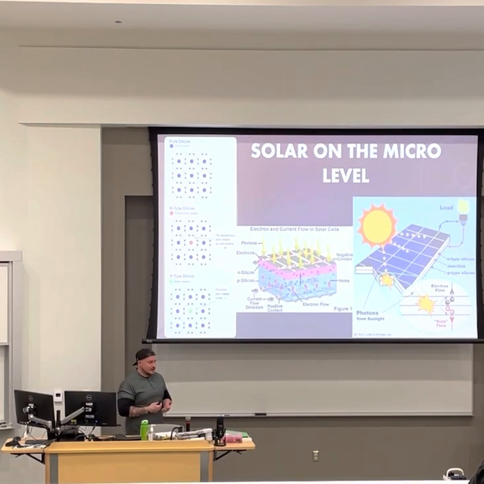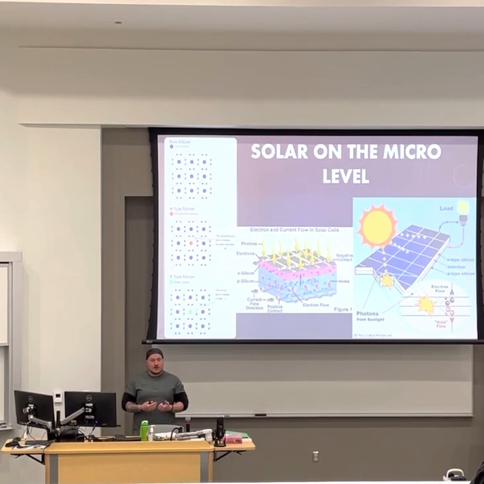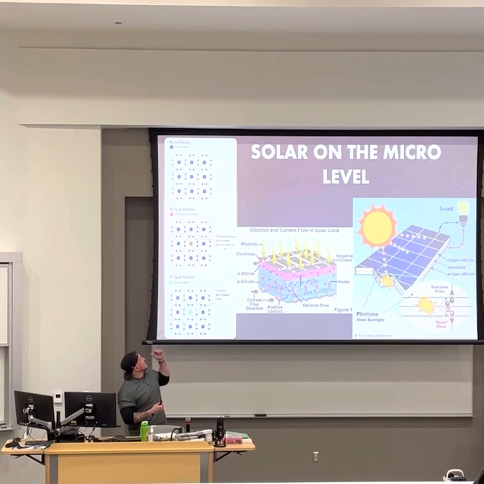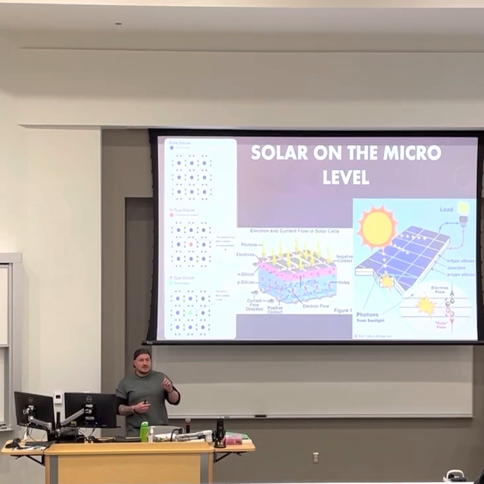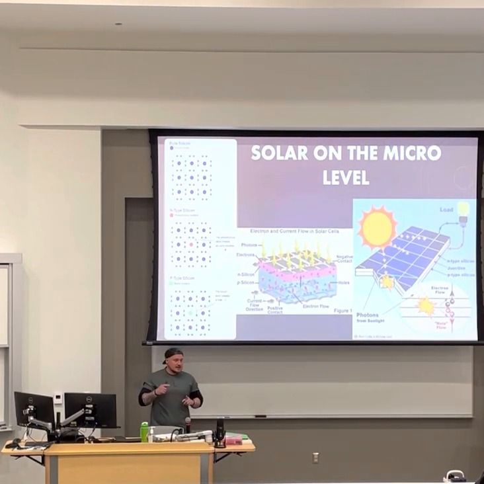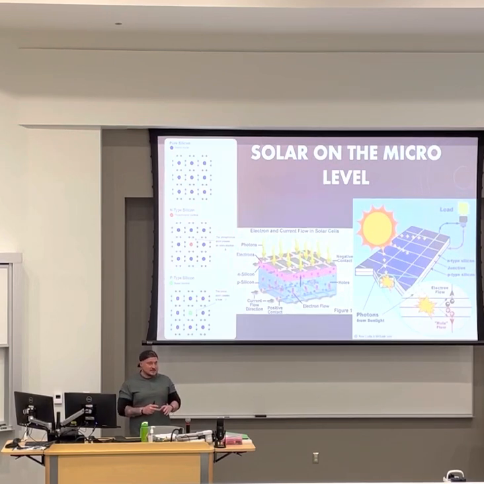If you know anything about phosphorus, it has 5 valence electrons, which means 4 of those electrons are bonding with the silicon, which means it has 1 free electron, making it a slightly negative structure. Then we have the P-type, which uses boron, which only has 3 valence electrons, so it actually has a hole, meaning that the charge is slightly positive.